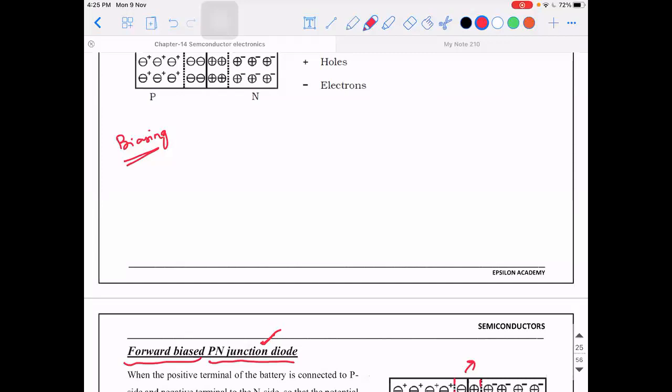When any semiconductor device is connected across a battery through a resistor, it is called bias.